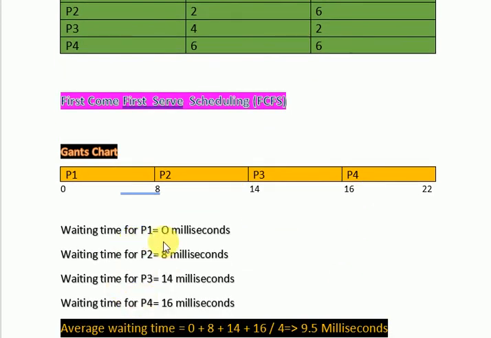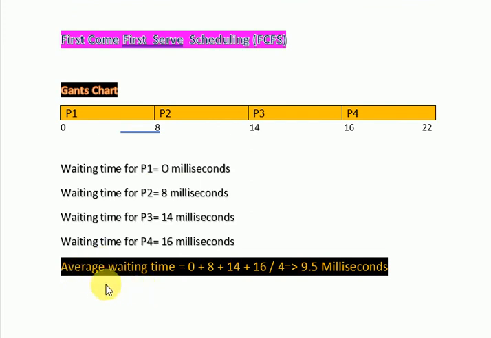Now we are looking for the average waiting time for these four processes. The first process was 0, the second was 8, the third was 14, and the last one is 16.